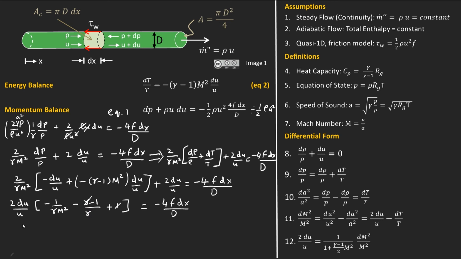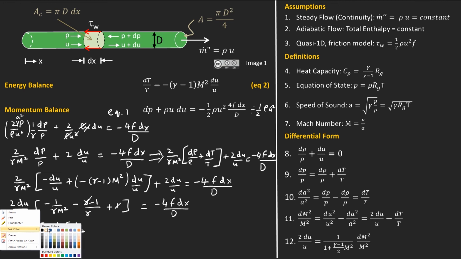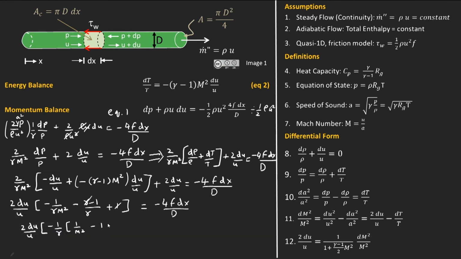This simplifies even more nicely as 2 times du over u multiplied by minus 1 over gamma times 1 over M squared plus, this is going to be minus, minus 1.